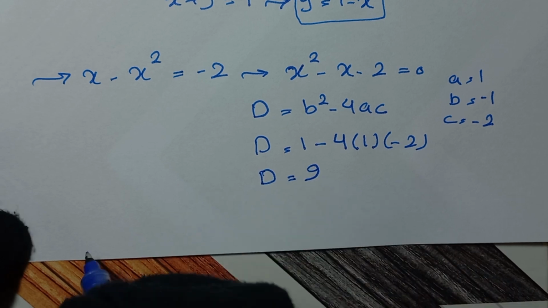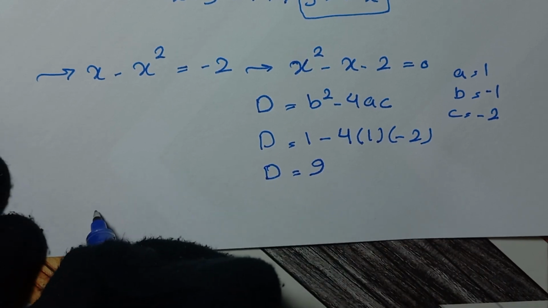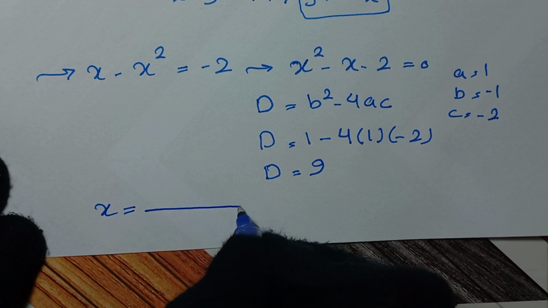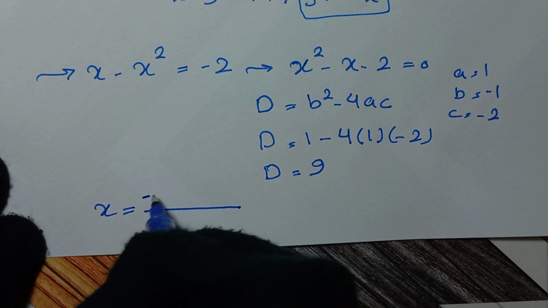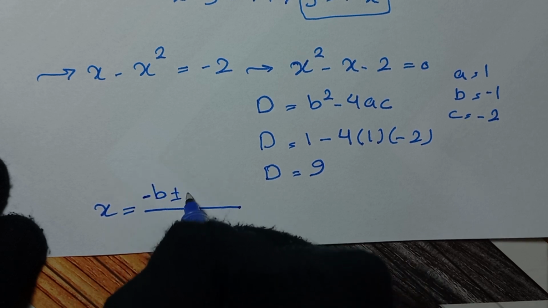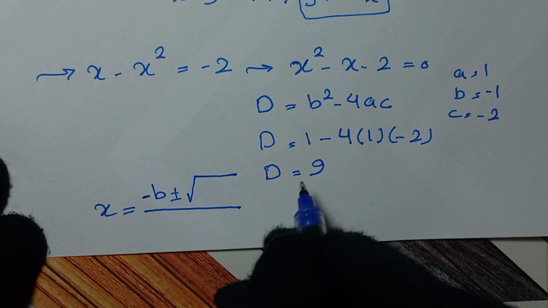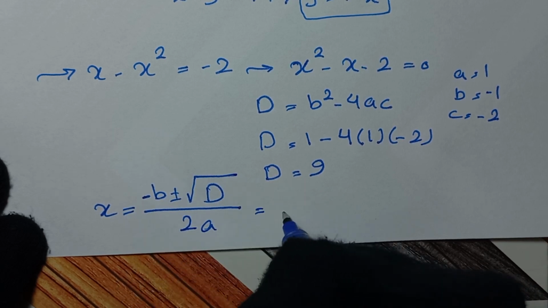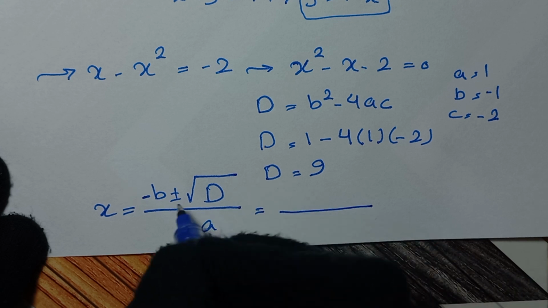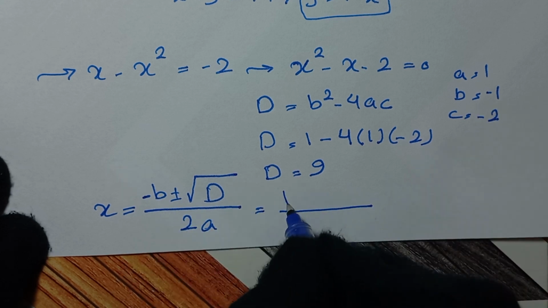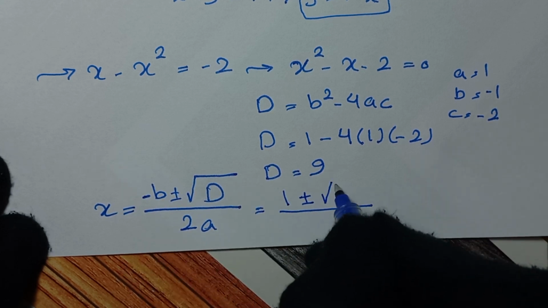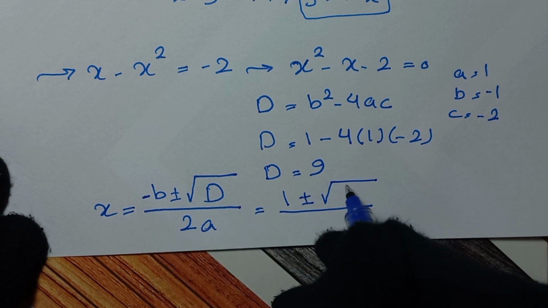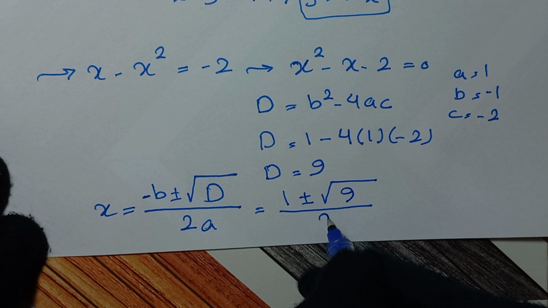From discriminant is 9, our answer for x from quadratic formula is negative b plus or minus square root of discriminant over 2a. So negative b, negative 1, is positive 1 plus or minus square root of discriminant, the square root of 9, and over 2a, 2a is 2.